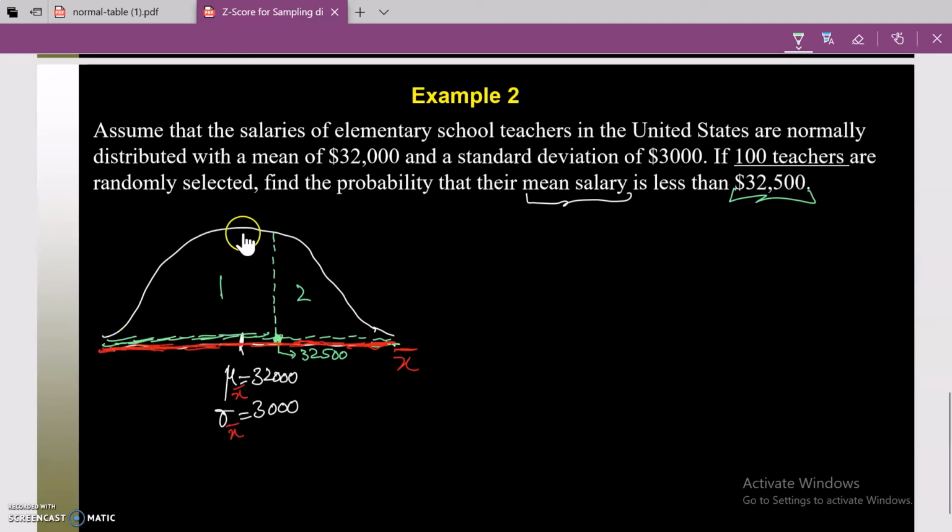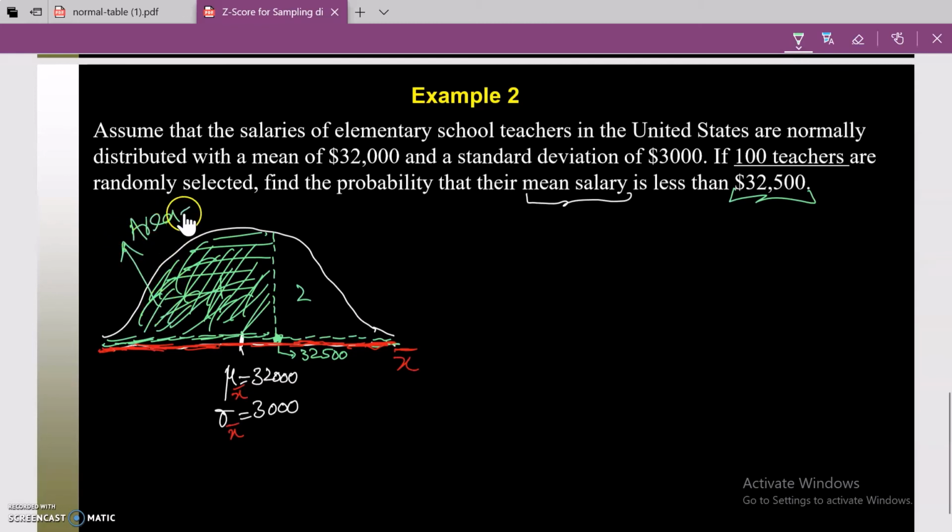So I'm going to shade, again as in the previous problem, this area, and that was the main reason for numbering these portions, so that I can draw your attention to this area that needs to be calculated.